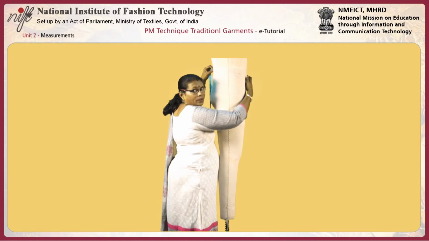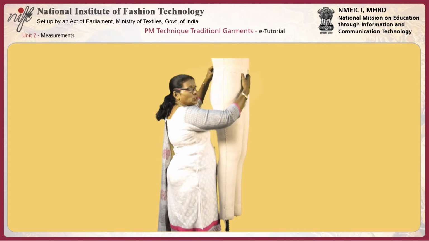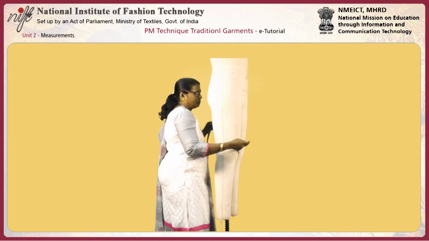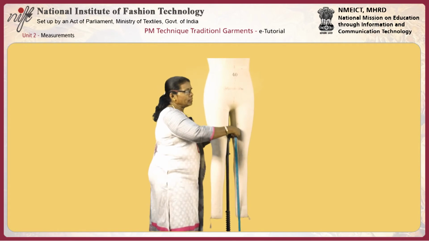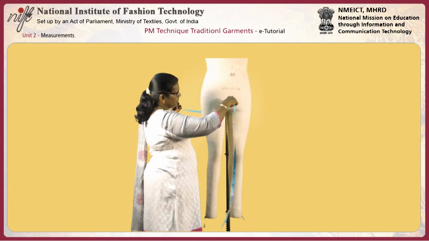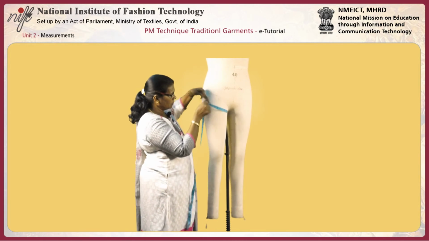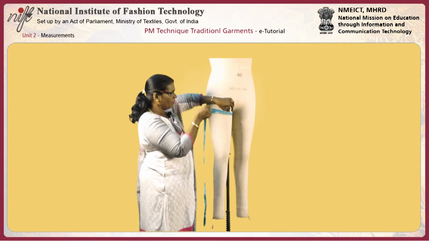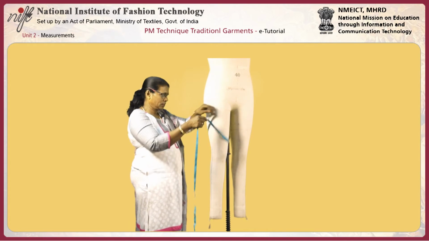From center front waist to center back waist in between two legs is crotch length. Thigh circumference. At the thigh level, highest thigh level with one finger ease parallel to the floor is thigh circumference.